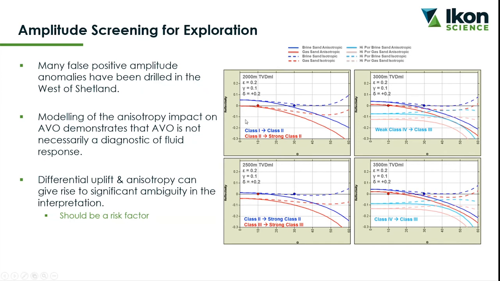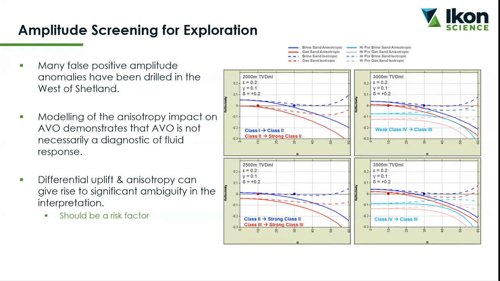If we are unfortunately in an area where there has been moderate uplift, there's a significant chance that we could in fact just be looking at a brine-bearing response in the presence of anisotropy. So whilst it doesn't give you the answer, it does tell you that there are other plausible explanations of that same amplitude response.